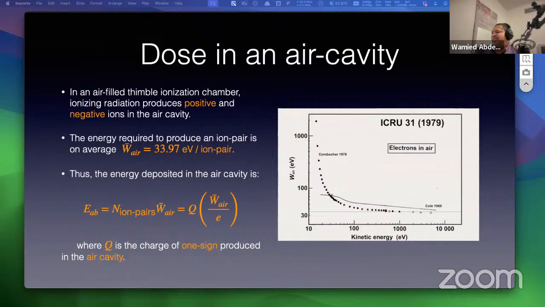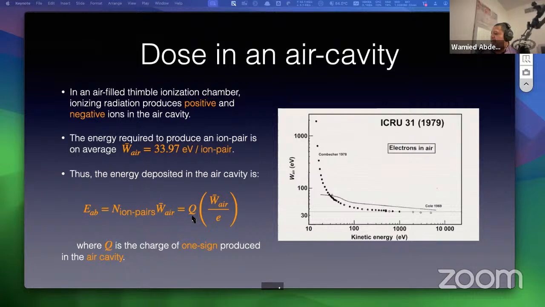It does not have sufficient energy to ionize the air molecules, so many of the interactions will not actually produce ions. That's why this factor shoots up at very low energies.